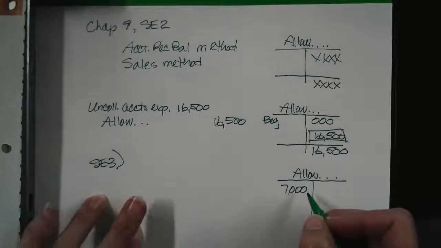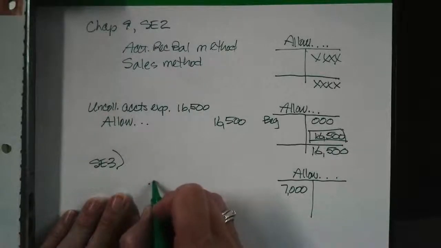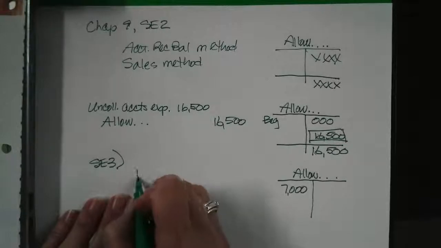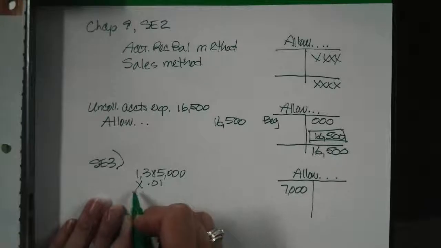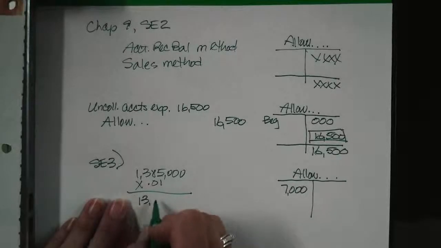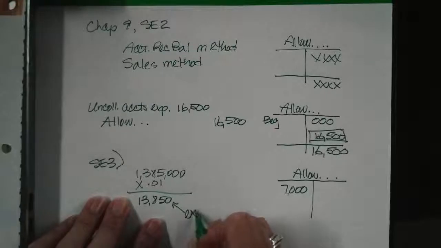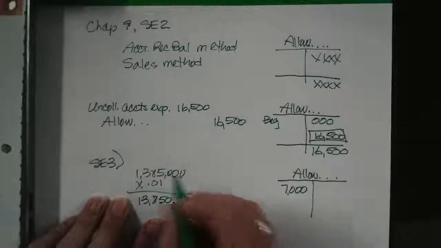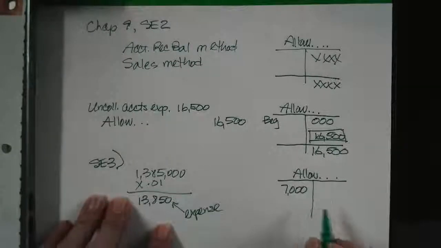Now, SE3 is on the sales method because they didn't even tell us what the accounts receivable balance is. So we need to take 1% of $1,385,000, which would be $13,850. This is the expense. When you use the sales method, we're not trying to get the allowance account to a certain point.